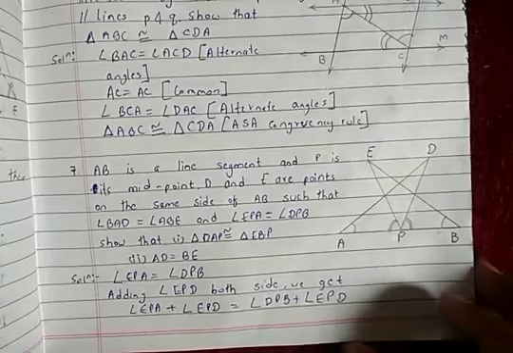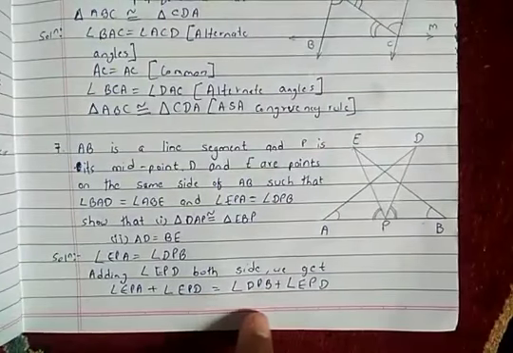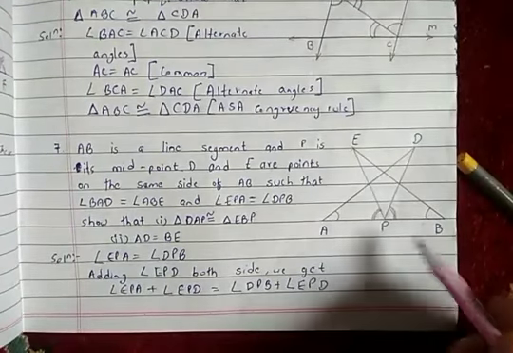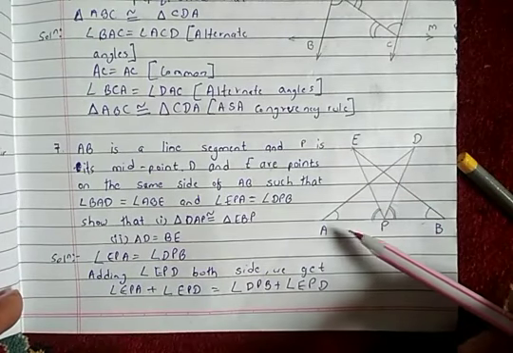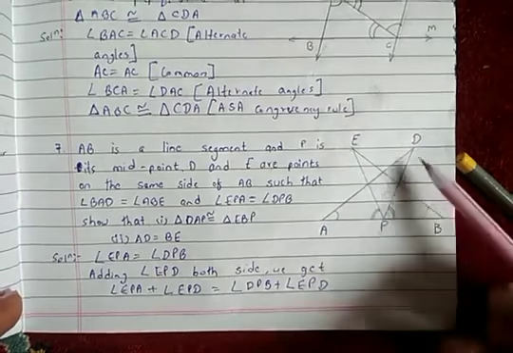You remember Euclid's axiom, right? If equals are added to equals, the wholes are equal. So now when you add angle EPA and angle EPD, you will get angle APD.